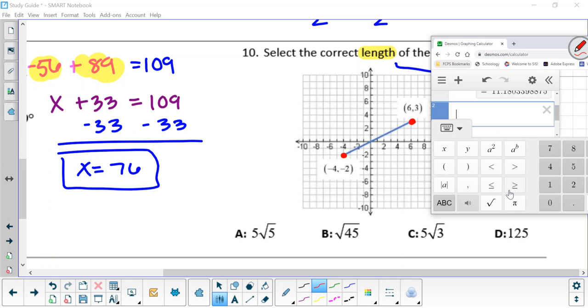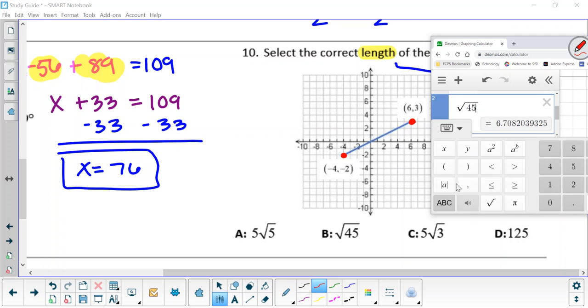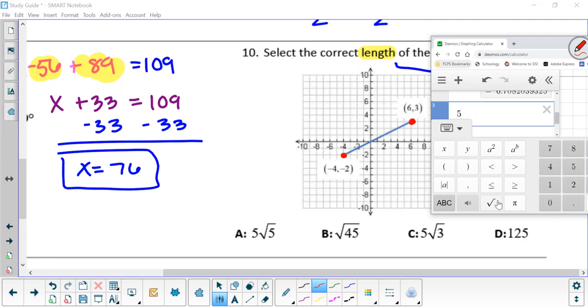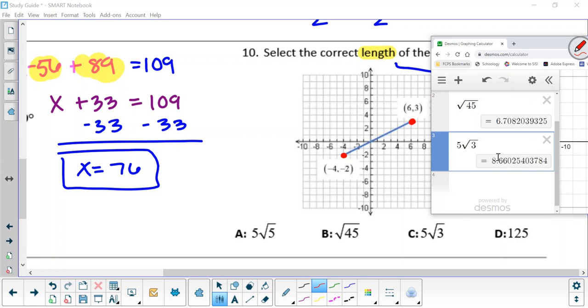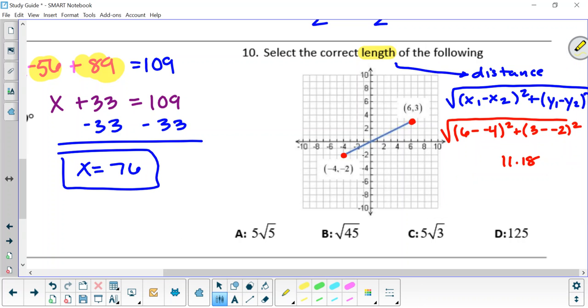Just to show you b, square root 45, that doesn't give me 11.18. And then just to show the last one, 5 square root 3, again, does not give me 11.18. The only one that does is 5 square root 5. So this is your answer.